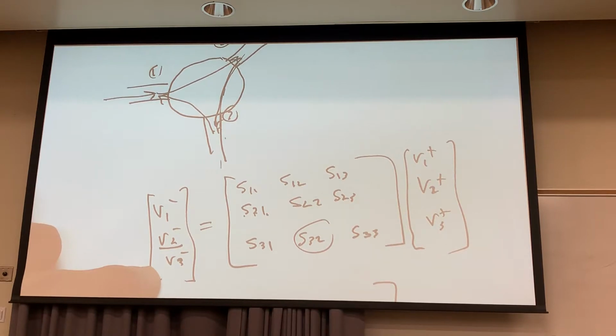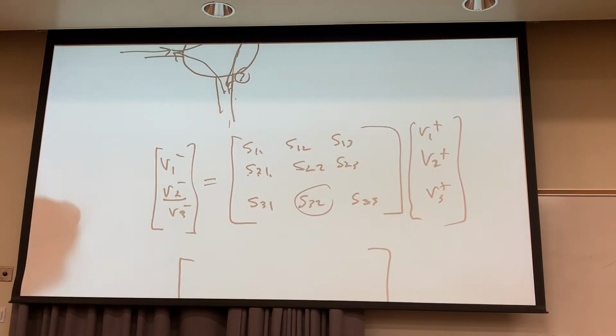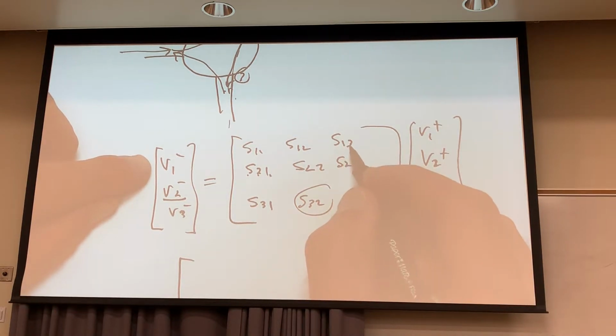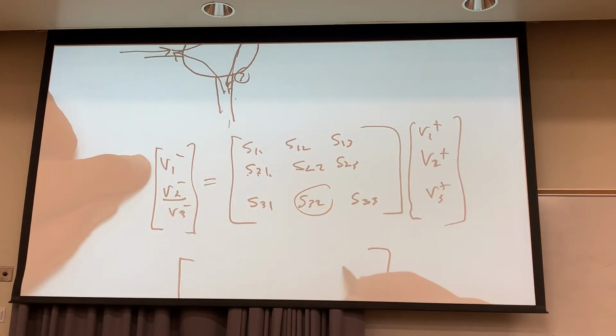Y'all follow me? This is how you fill these things up. Class, you with me on this? Then you have the final one, and that's port 1 coming from port 3. Here's port 1 coming from port 3, S13, and that's 1 as well. And everything else ideally would be 0.